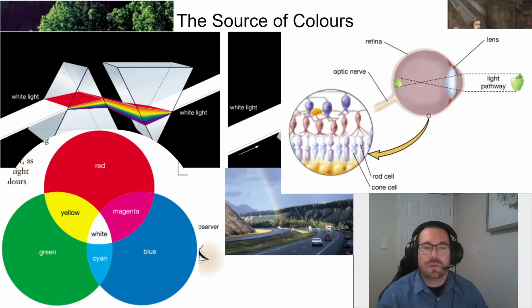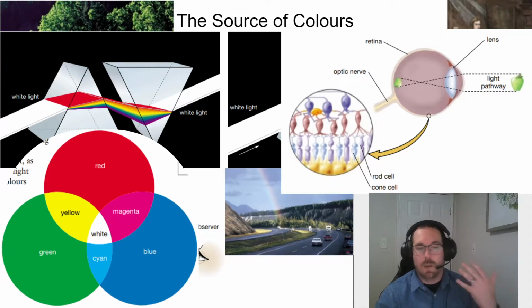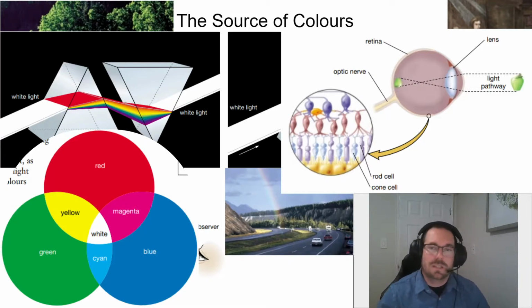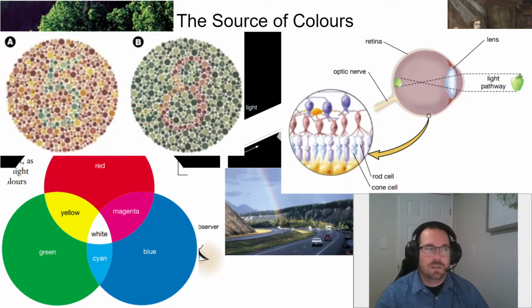Signals from all three types of cone cells and rod cells travel along our optic nerve to our brain. Your brain then interprets the shape and color of the objects that we see. The cone cells, though, in some people's eyes are unable to detect certain colors. This condition is known as color blindness.